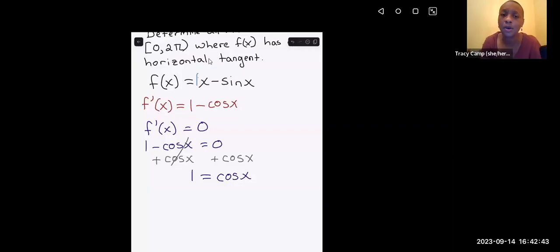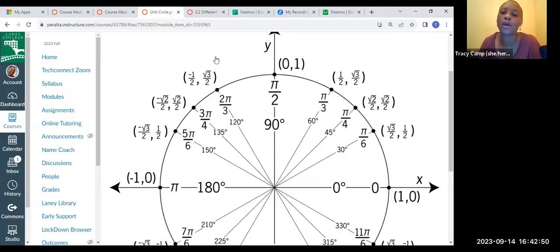Now I'm looking for the x values on the unit circle, or places where I have an x value of 1. That only happens one time if you go around the circle one time. You notice that the numbers on the axes don't really repeat themselves.